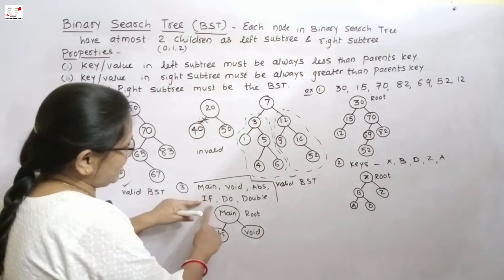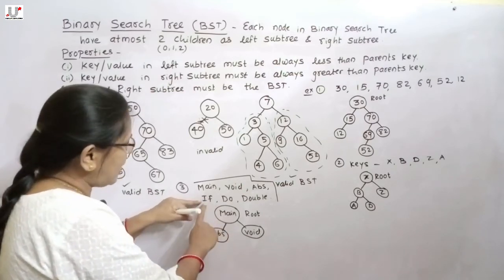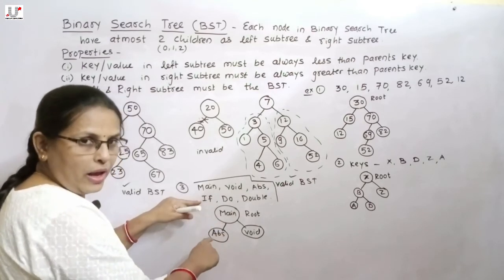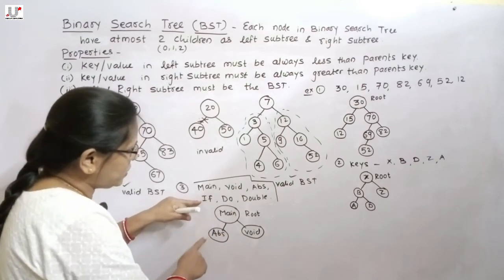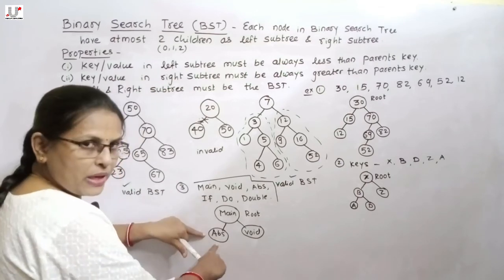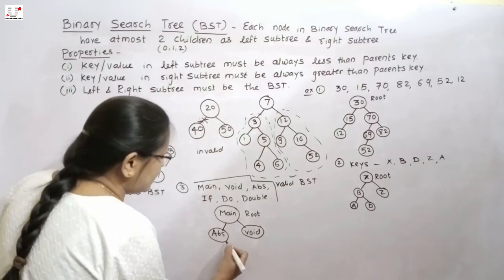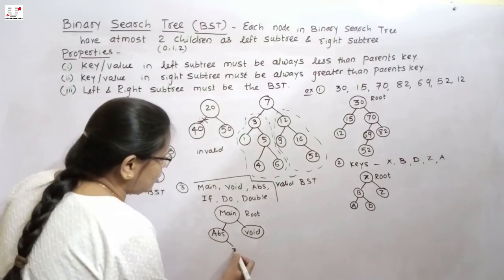Then ABSIF gets compared with the root node first, and as I appears before M, move to the left subtree. Then compare that IF with ABS. I lies after A, so IF gets inserted to the right of ABS.